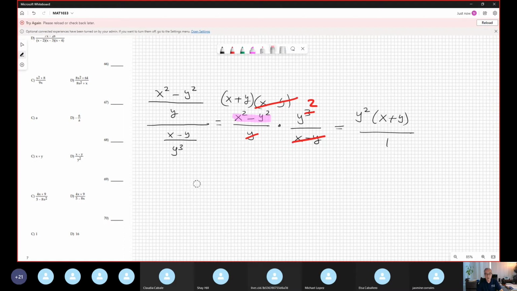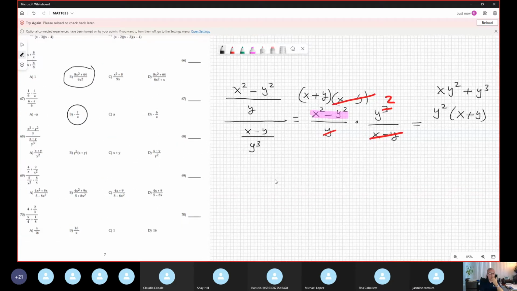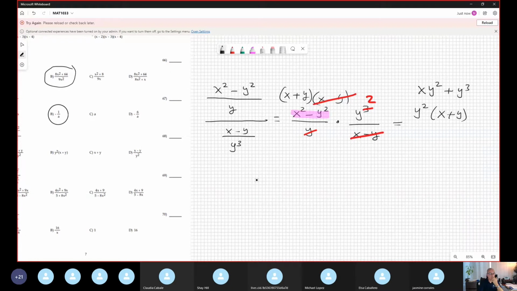But not necessarily right because it's invisible. So y squared, I don't know, so leave it like that. Expand here, remove the parentheses, it is x y squared plus y cubed. It's another possibility, no? I don't know. Let me check it. Oh, leave it like that.